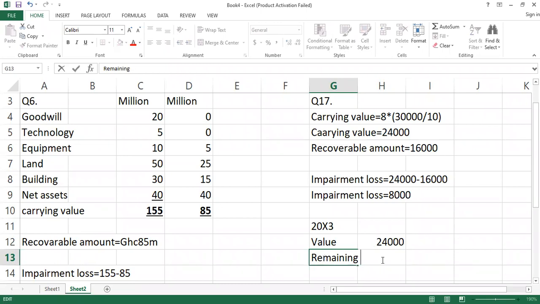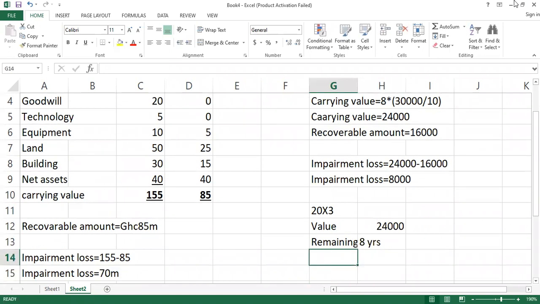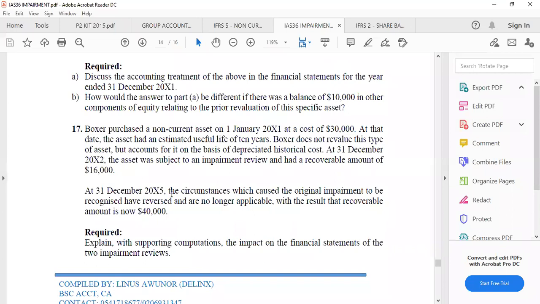When was the review done? 31st December 20x5. How many years after the impairment? 3 years.